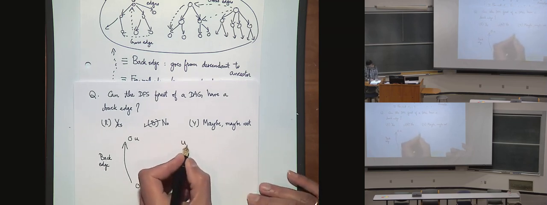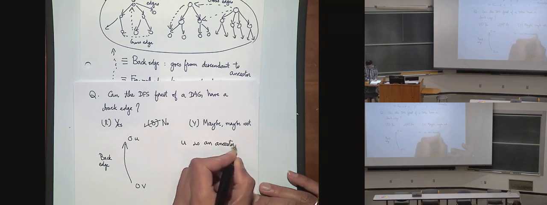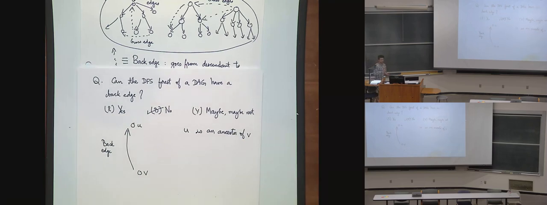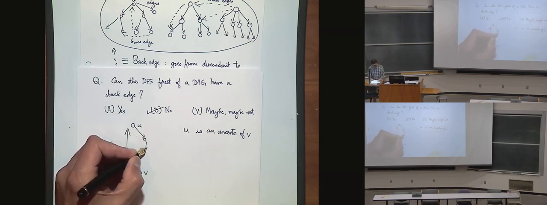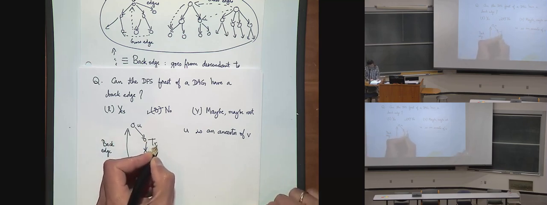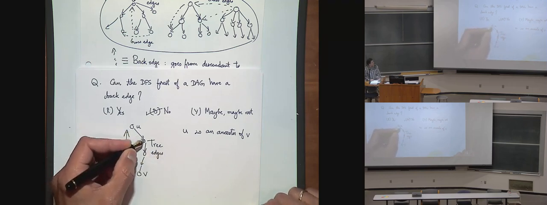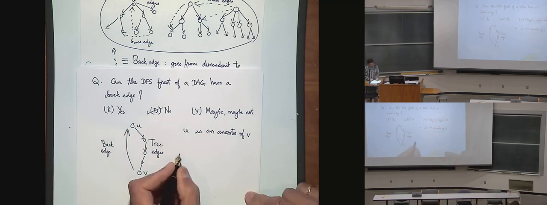So that means that U is an ancestor of V. So what does it mean for U to be an ancestor of V? In the tree, you must have this, right? The tree edges give you a path from U to V, and the back edge gives you a path back from V to U, and that's a directed cycle.